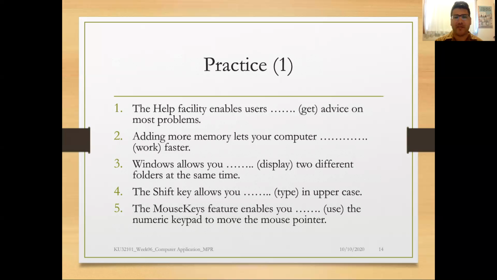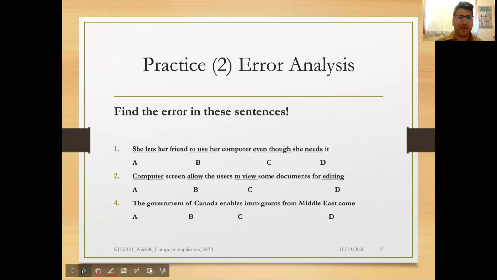Is it the bare infinitive or the to infinitive form of the verb here? For this practice, you need to identify the errors in the sentence. So is the error in A, B, C, or D?